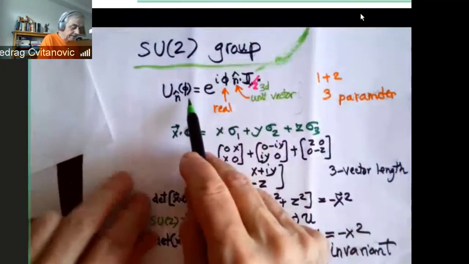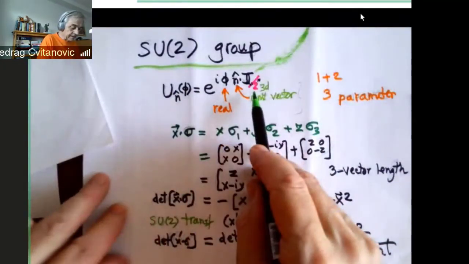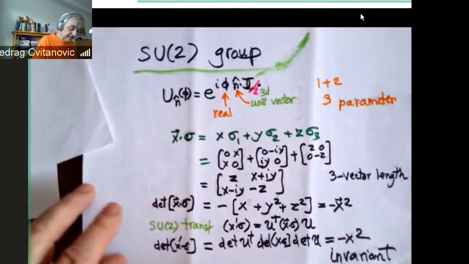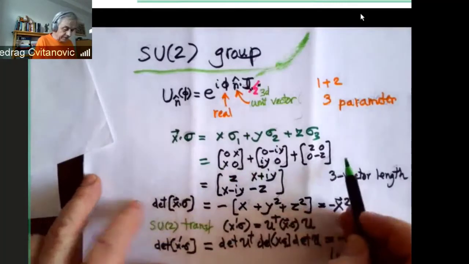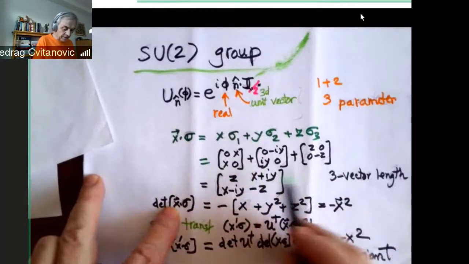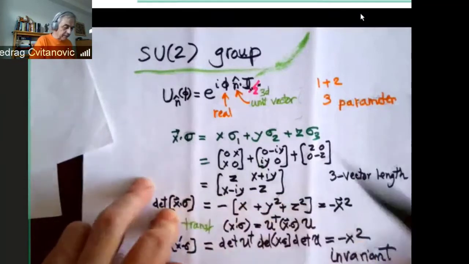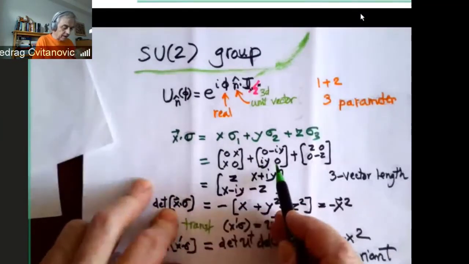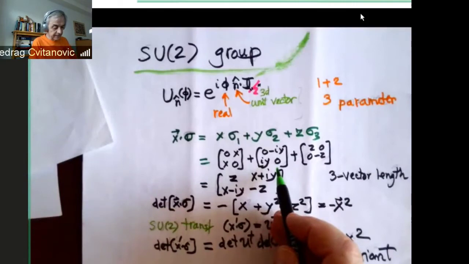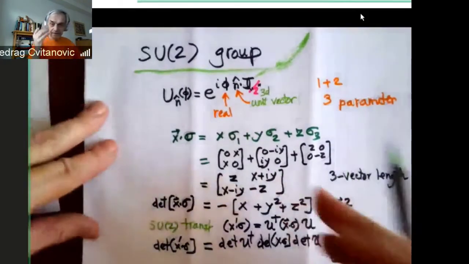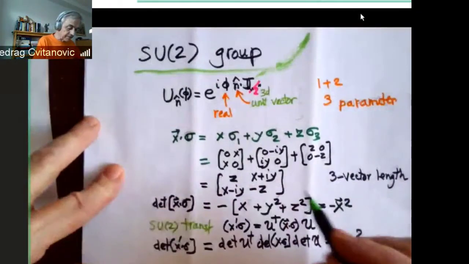This thing is the exponent of a 2x2 matrix. This 2x2 matrix can be written in terms of these generators here. So I can study how I rotate in one direction, around the x-axis, even though this x-axis is not there. It's inherited from 3 dimensions.